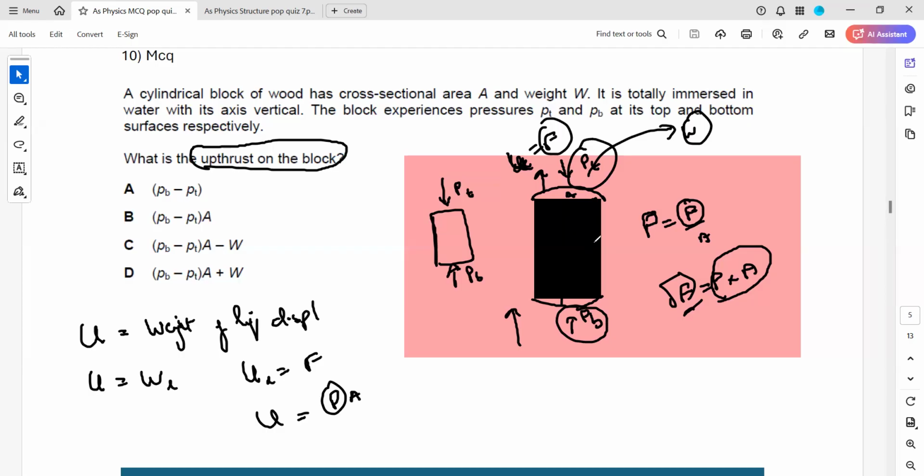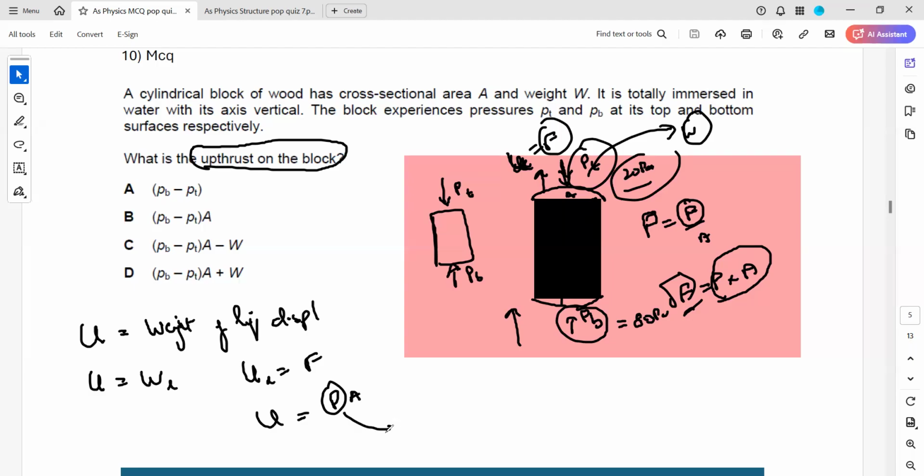The difference of the two pressures will be the total pressure which the object experiences. Like if there is an upward pressure from the bottom of 80 Pascal, and from the top there is a downward pressure of 20 Pascal, what is the overall pressure this object will experience? It will be 80 minus 20.